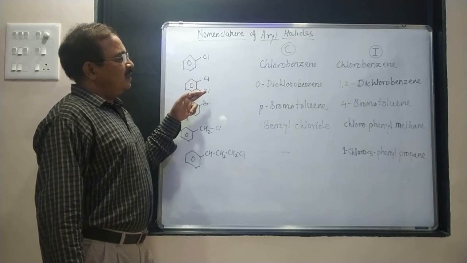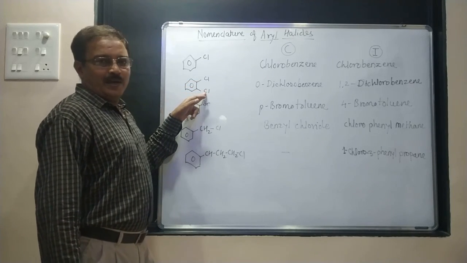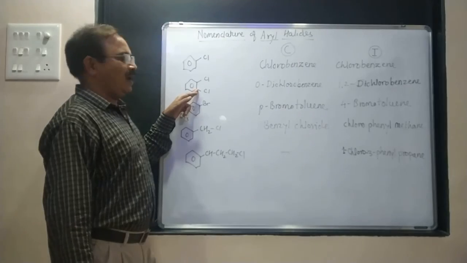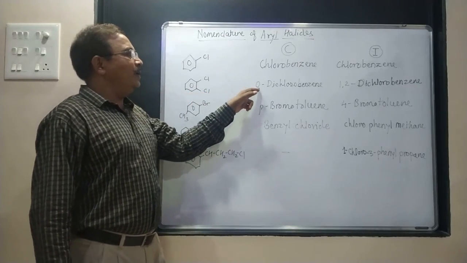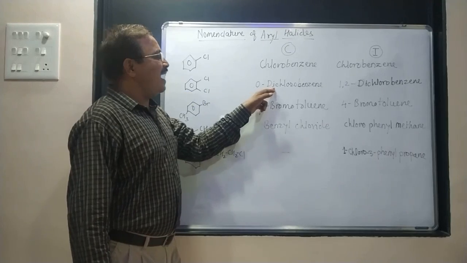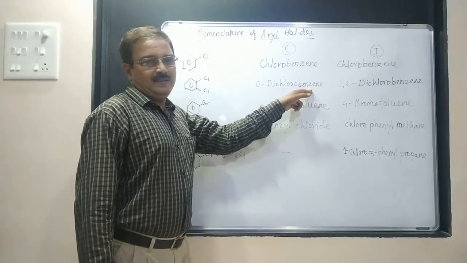Second structure, there are 2 chlorine atoms present at the first and second carbon atom. As the second chlorine atom is present at an ortho carbon atom, the common name is orthodichlorobenzene.